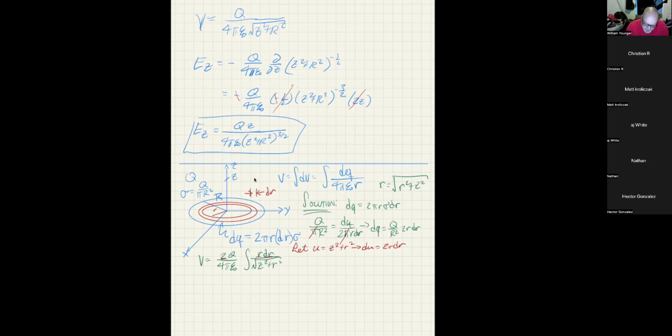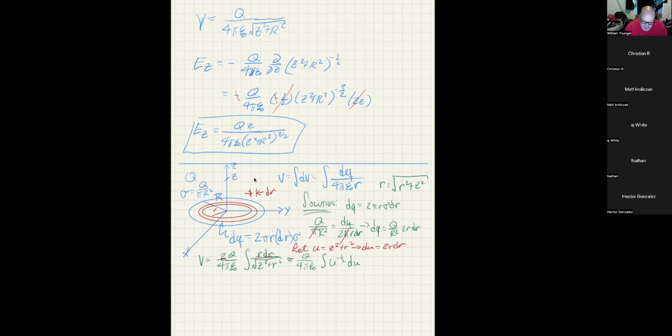And what's going to happen now is I just say equals Q over 4 pi epsilon naught times the integral of u to the negative 1/2 times du. Does that make sense to everyone?